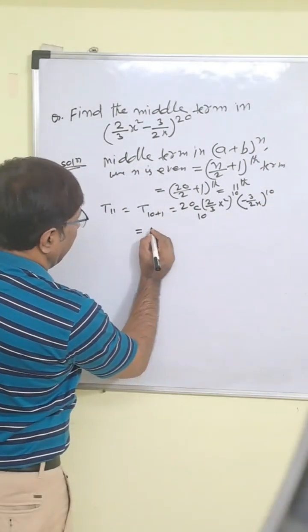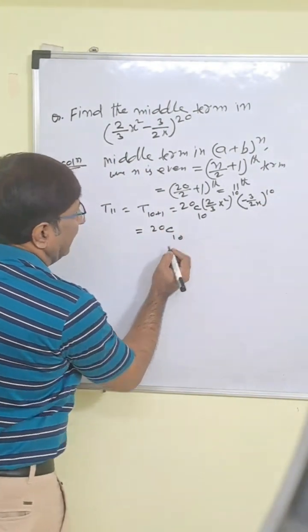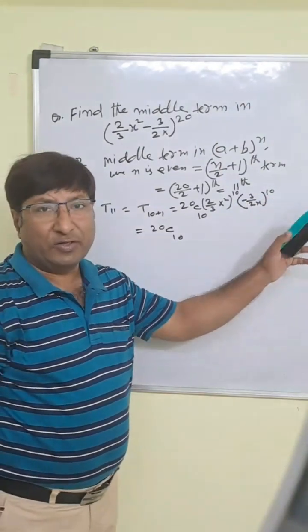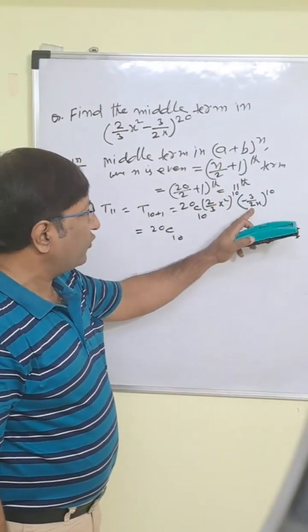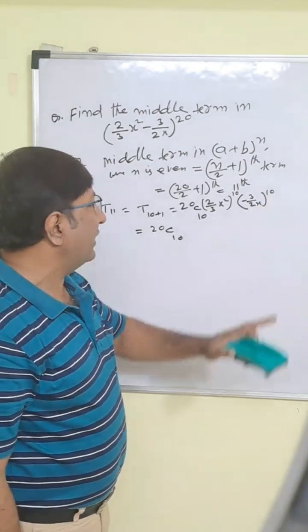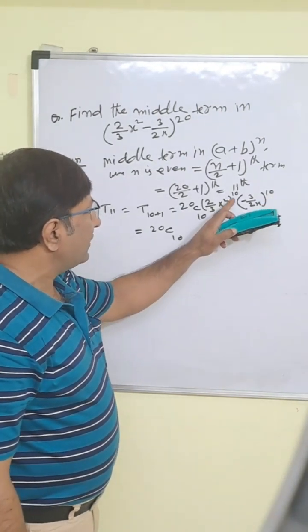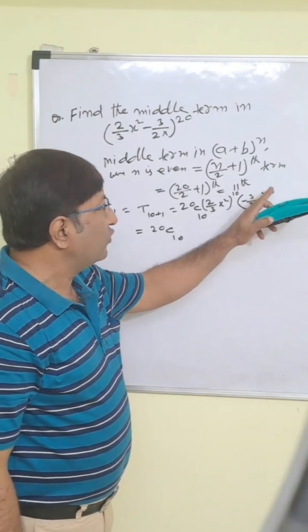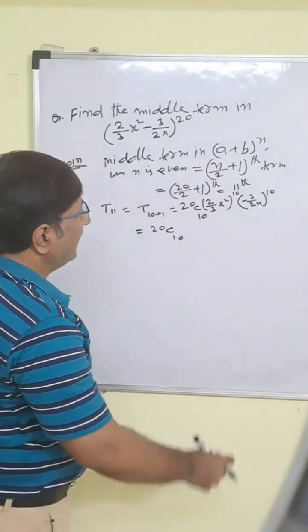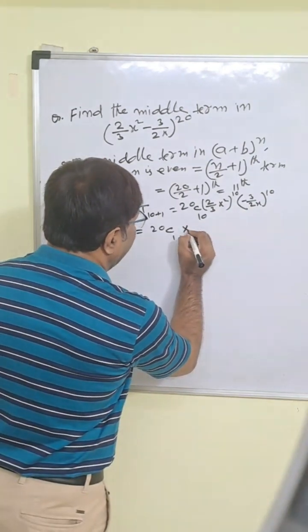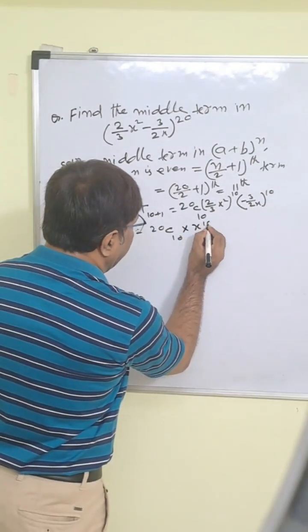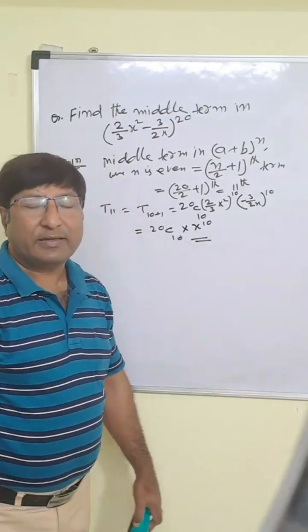So we can write 20C10. Here the minus power is even, so our answer will be positive. 2 to the power 10 in the numerator and 2 to the power 10 in the denominator cancel out, and 3 to the power 10 in the denominator with 3 to the power 10 in the numerator also cancel out. We get x to the power 20 in the numerator and x to the power 10 in the denominator, so we get x to the power 10. This is our correct answer.